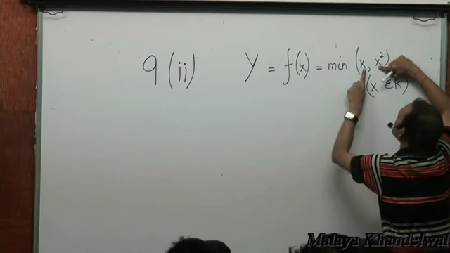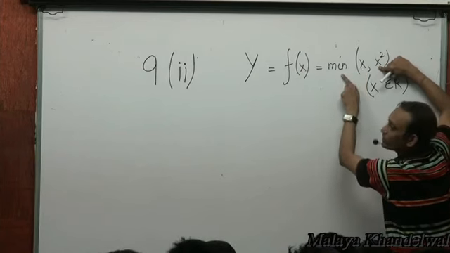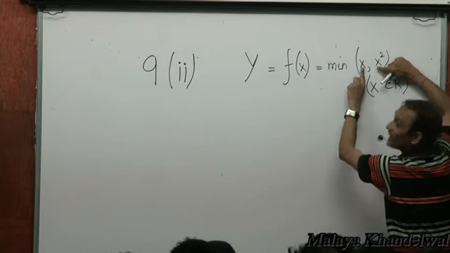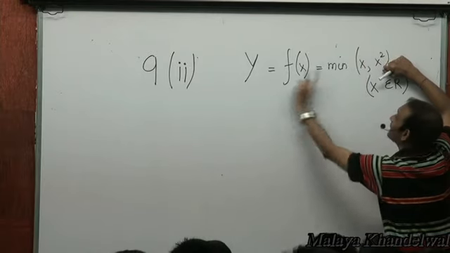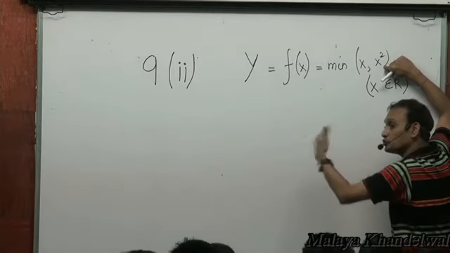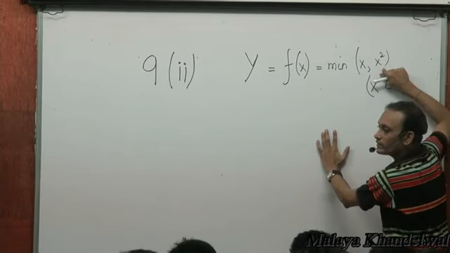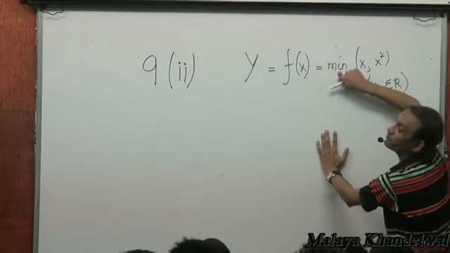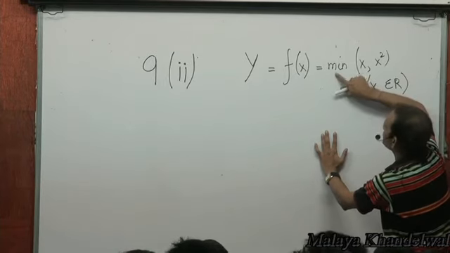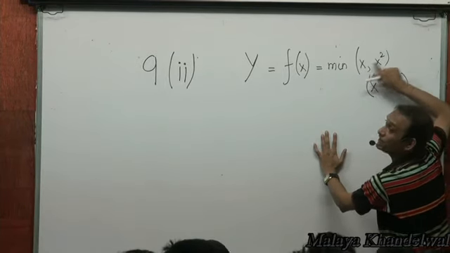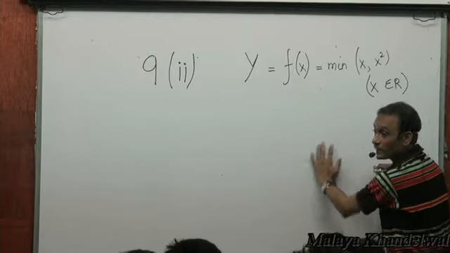For any given x, select the one which is smaller. If it was max, then select the one which is larger. That will give me fx. Find the value of x and the value of x squared, and the smaller of the two will give me min.